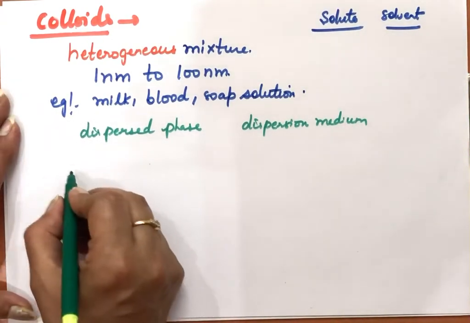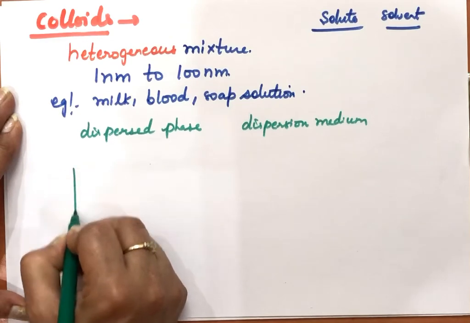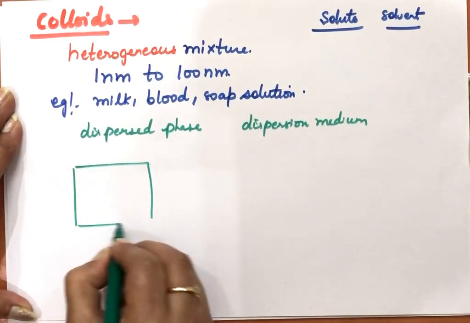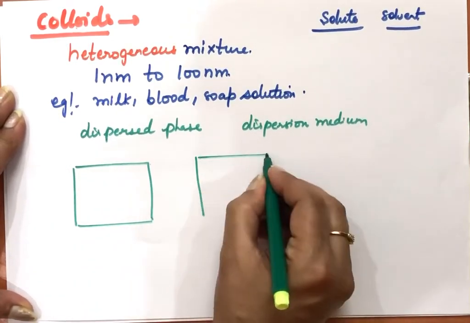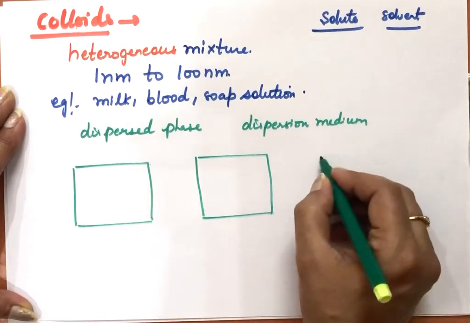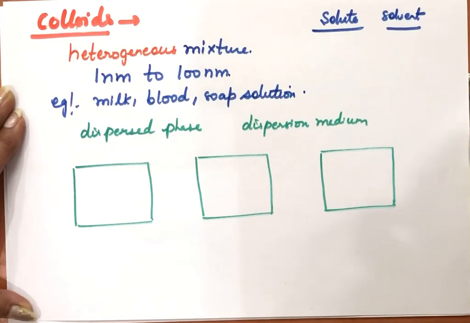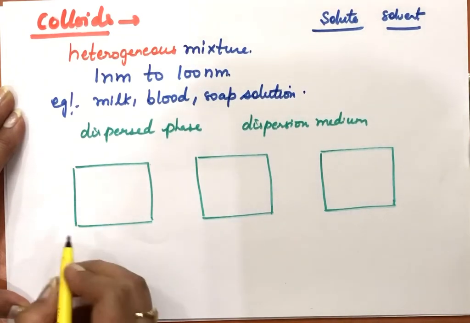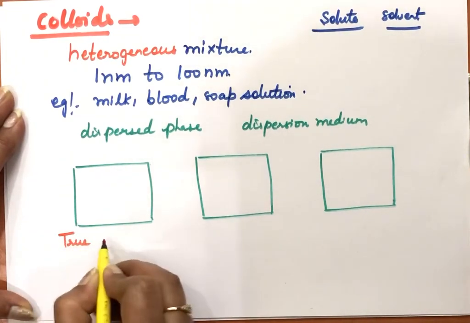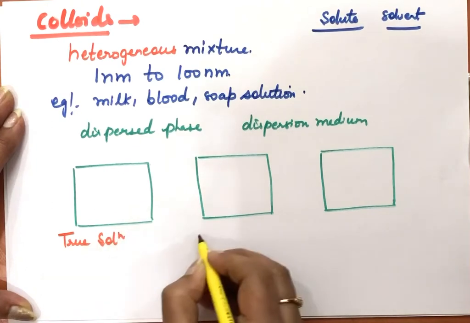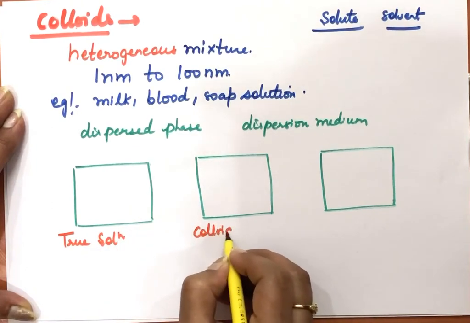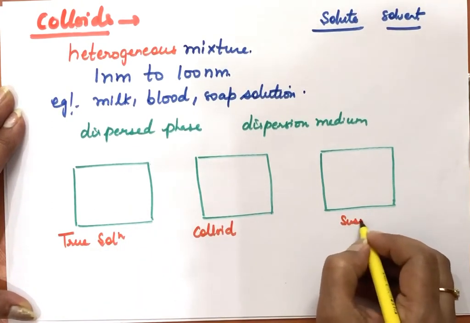Now, next, to understand true solution, colloid and suspension, just see the main difference in the properties is because of the size of the particles. If I take this as true solution, this as colloidal solution, and suppose this is suspension.